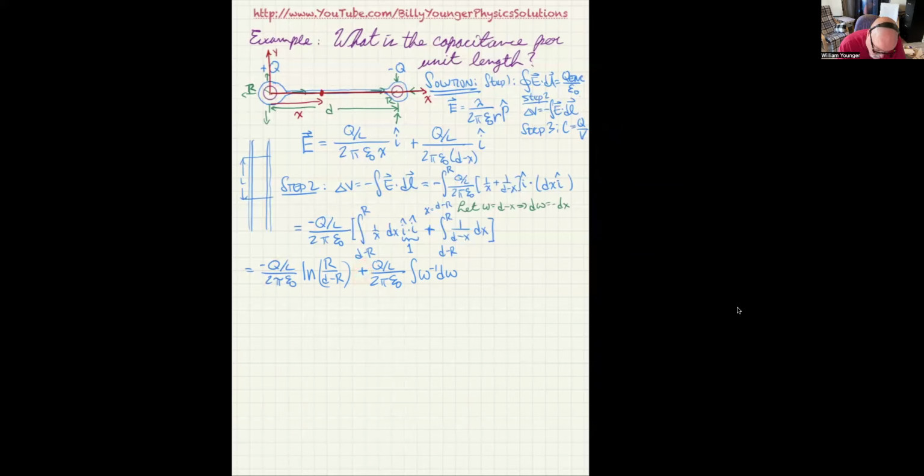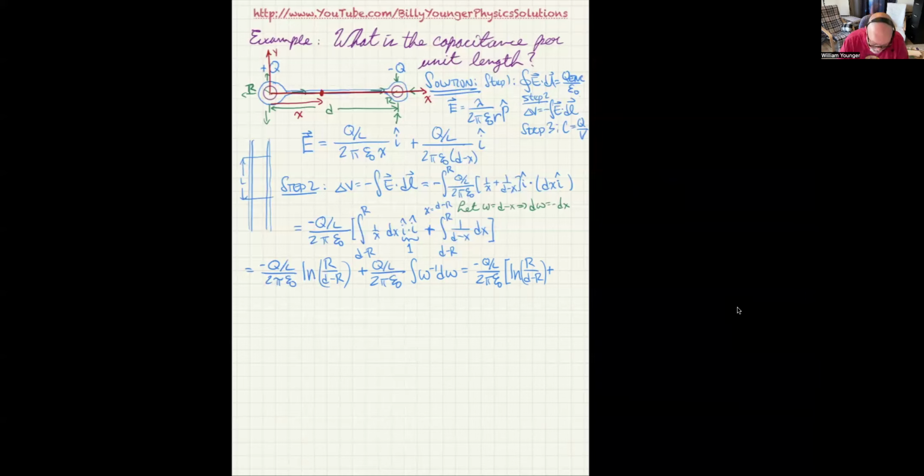And this one, of course, is going to give me, we already have a negative q over L over 2 pi epsilon naught. That's actually going to be for both of them. But now what we've got is the natural log of r over d minus r, and then plus, in this case, we get the ln of w, which is the ln of d minus x.